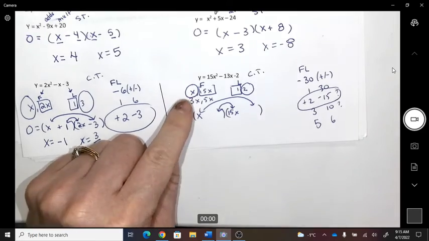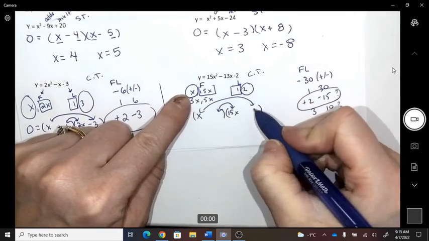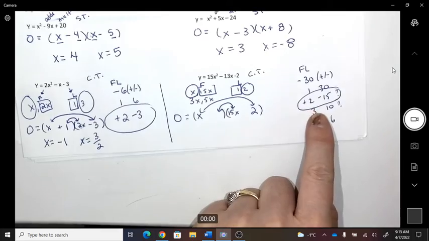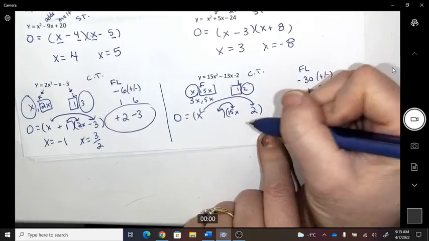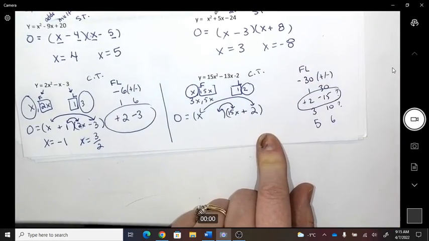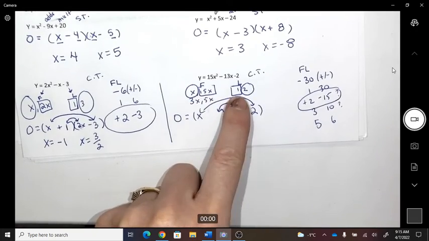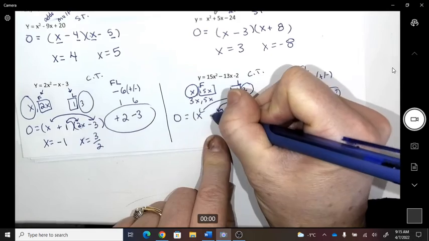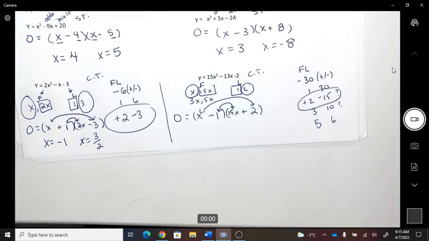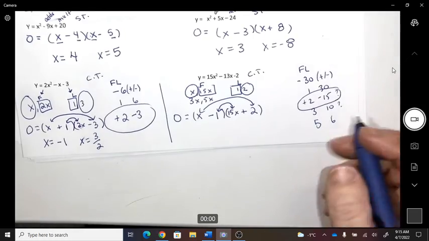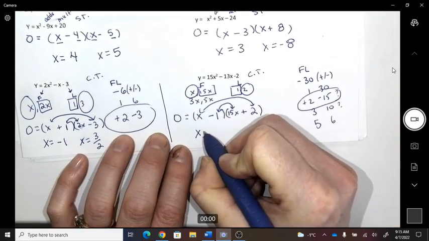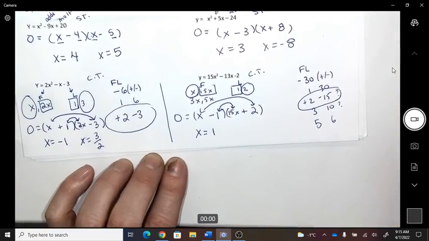So what did I do here? I circled the 1x to go with the 2, and I remembered that I put that as the plus, and I did the 15 in a box with a 1, and I said that should be negative. So x, the solution will be 1.